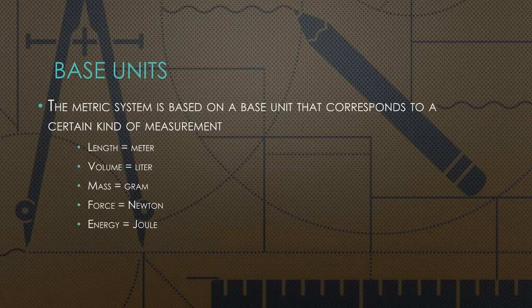And this year, we're going to be working with a couple ones that might be new to you. We're going to have forces a lot once we hit January. Forces are going to use newtons, and energy is something that we're going to be talking about constantly this year. But energy uses a joule.